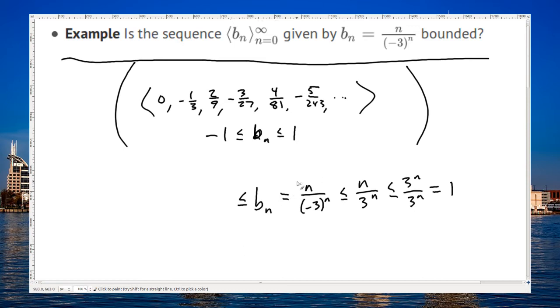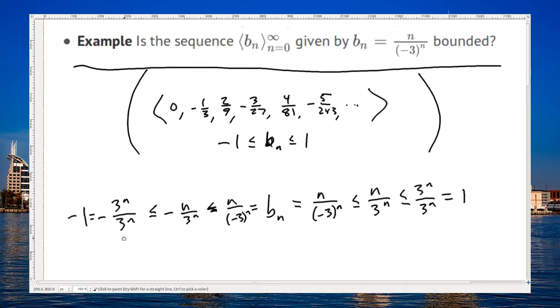All right, likewise, the bn, which is n over -3 to the n, I can make that smaller by always having the negative, n over 3 to the n. I just pop out that negative so they're always negative. And then since I'm negative, by making the numerator bigger, I'm making a bigger negative number, say -3n over 3n, and that's -1.